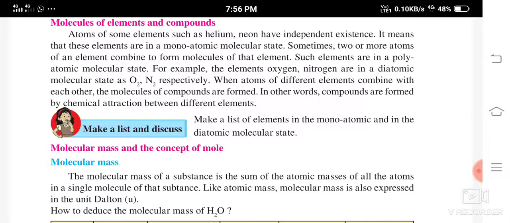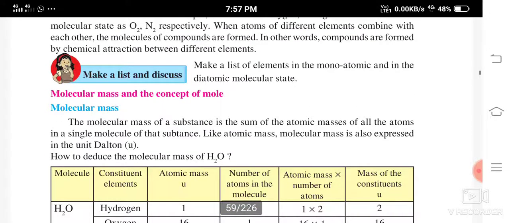Now make a list of elements in the monoatomic and in the diatomic molecular state. You're going to make a list of the elements which can exist in monoatomic state and the list of elements which are going to exist in diatomic state.